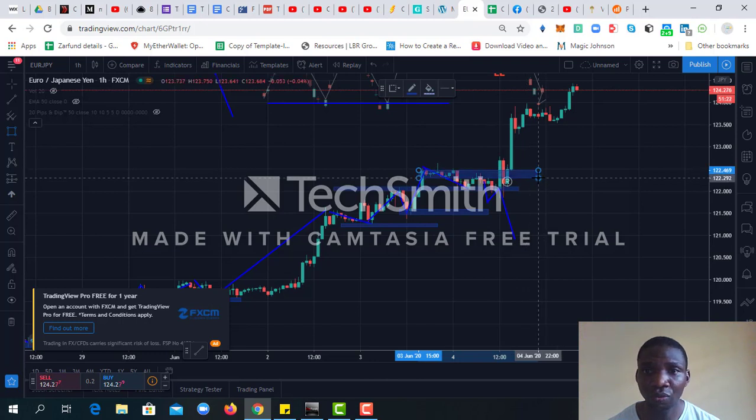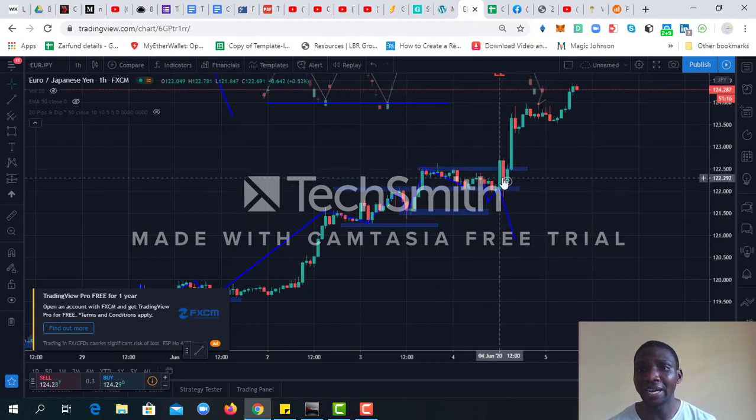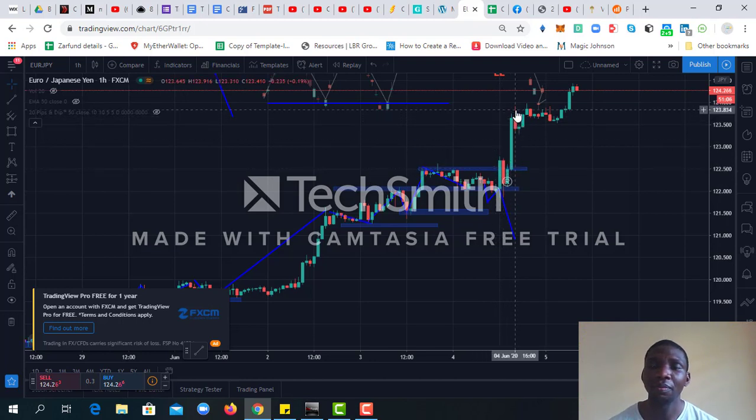A structure was formed above here. This structure clearly was broken by the blue candle. The structure broke, and what happened? Price took off from there and moved right up and kept going.